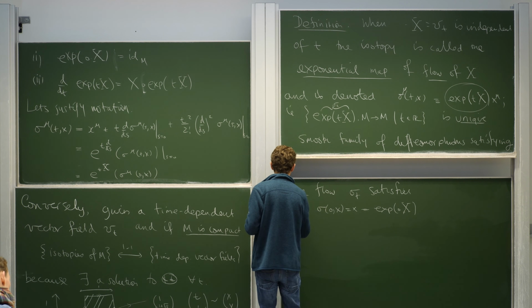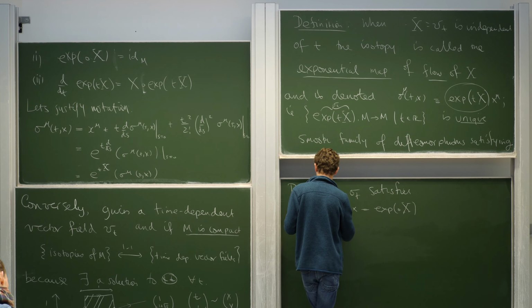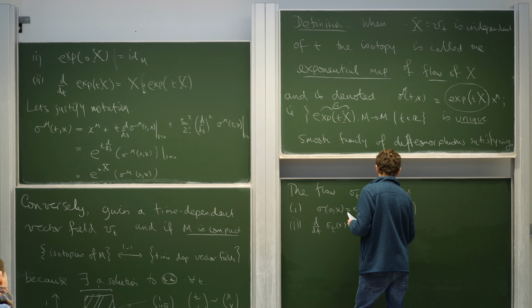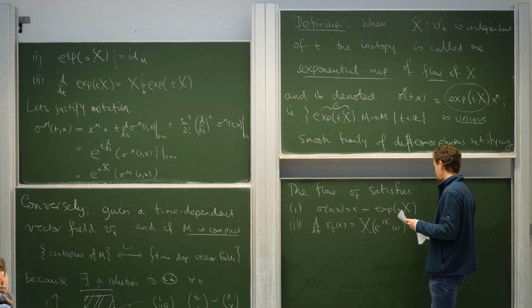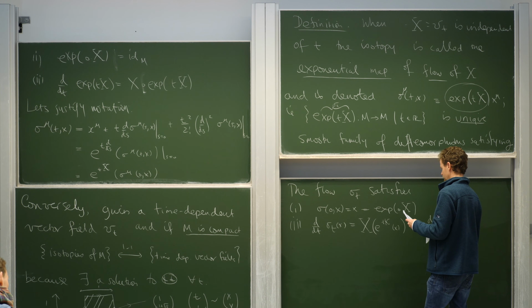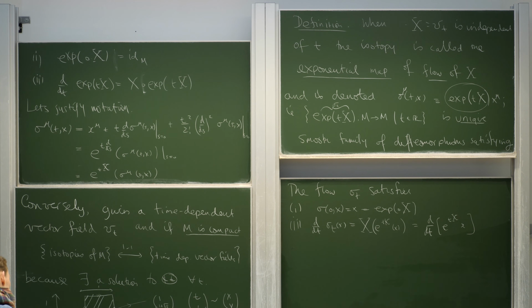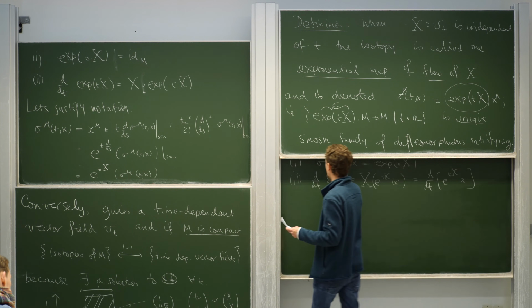The second one is that the derivative with respect to t of sigma t obeys this equation, which is just the exponential equation. And we furthermore have a proper group property.